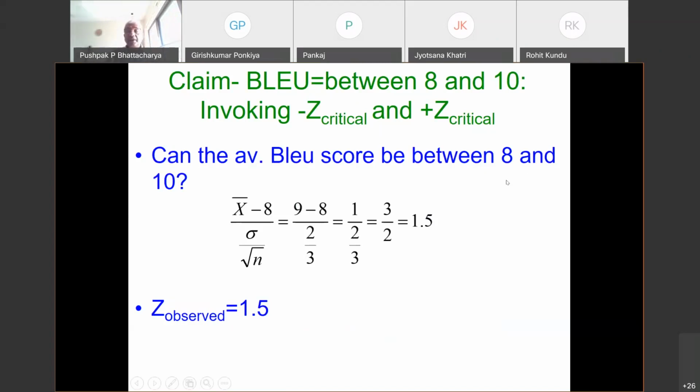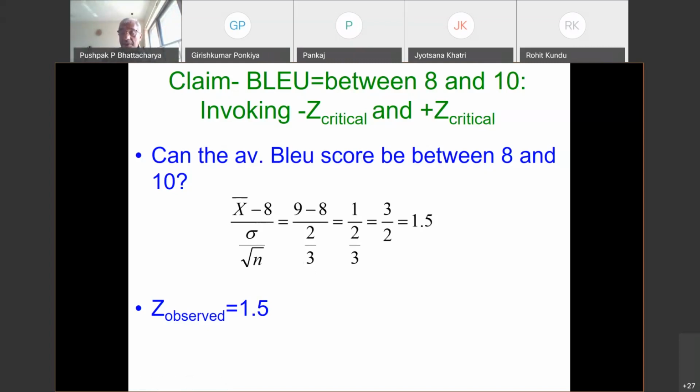All right, so in that interval, I take the lower boundary, which is 8. Now, x bar minus 8 divided by sigma by root n. 9 minus 8 is 1, divided by 2 by 3. And the calculation gives me 3 by 2, which is equal to 1.5. So for the interval, Z observed on the lower side is 1.5.